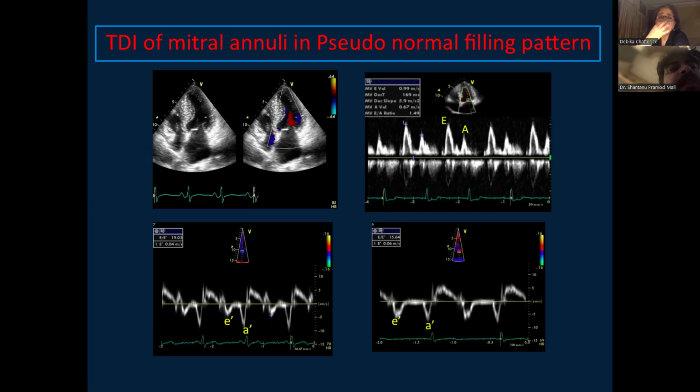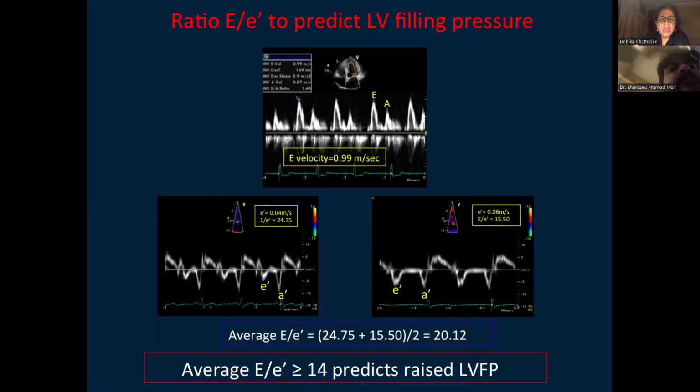Now, when I talk about the tissue Doppler imaging, I have to mention a ratio, which is very important to predict the LV filling pressure. The ratio of E by E prime.